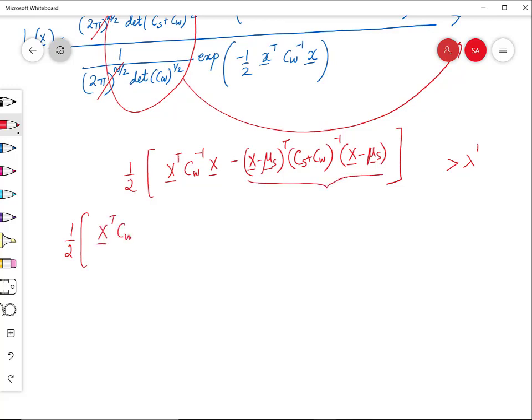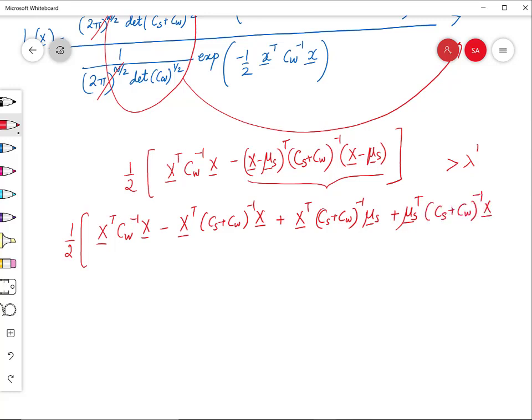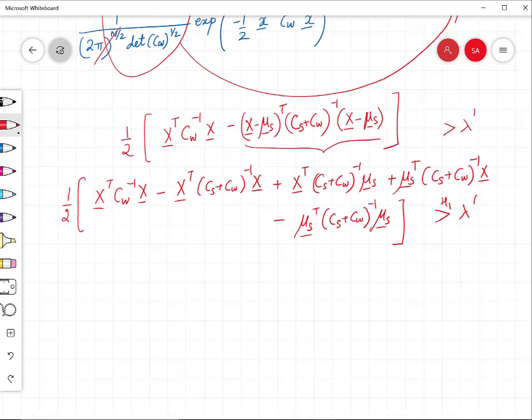So this becomes x transpose CW inverse x minus x transpose (cs plus CW) inverse x plus x transpose (cs plus CW) inverse mu of s plus mu of s transpose (cs plus CW) inverse of x minus mu s transpose (cs plus CW) inverse mu of s is greater than lambda dash for hypothesis H1.